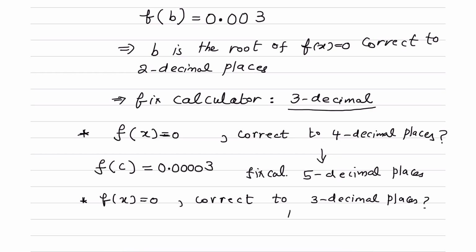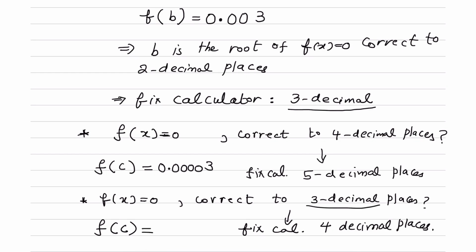First of all, you will be fixing your calculator. Up to how many decimal places will you fix your calculator? One decimal up. It means you will fix your calculator up to 4 decimal places. And you are looking for some number, let's say C, which when you plug in the function, it gives you, since it's the root correct to 3 decimal places, so you are looking for 3 zeros and fourth could be any digit.